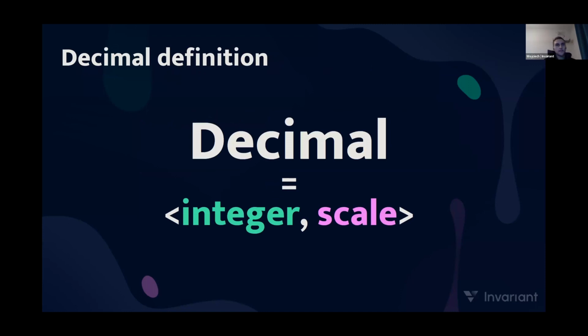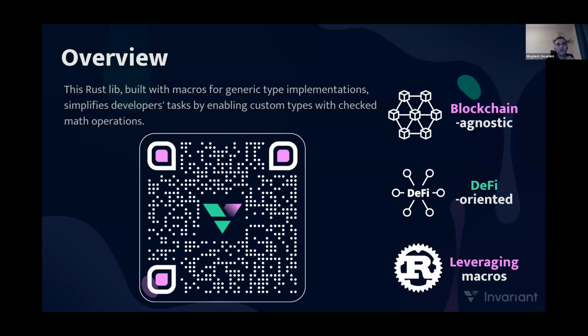In the later stage, when I say decimal value, I mean a pair of an integer value and an associated scale, and this scale allows us to interpret the result.